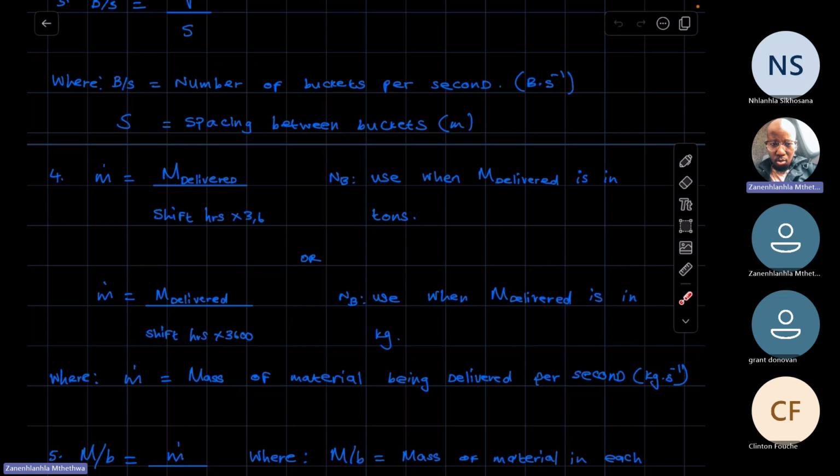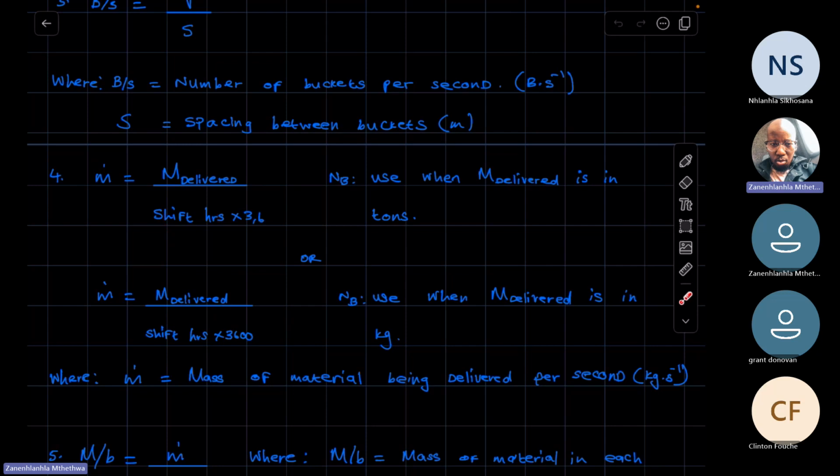If it's been given in tons, you substitute the mass delivered in tons exactly as it is, and whatever you get will be in kilograms per second. If given in kilograms, you use the other one, and you again get kilograms per second.